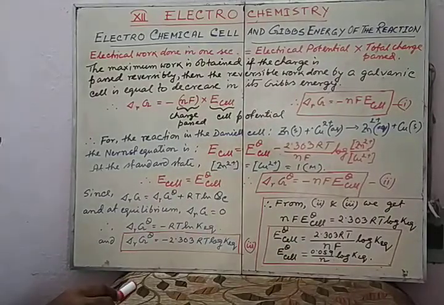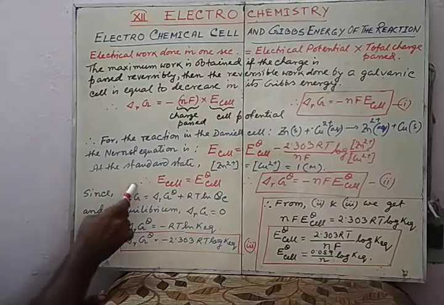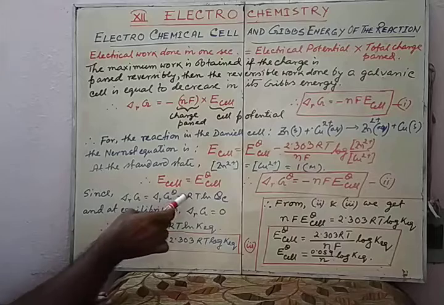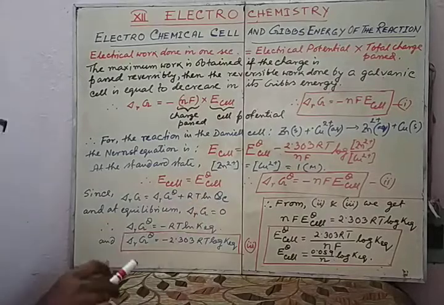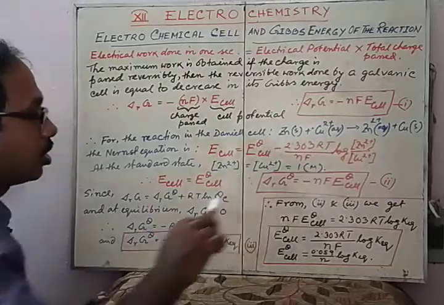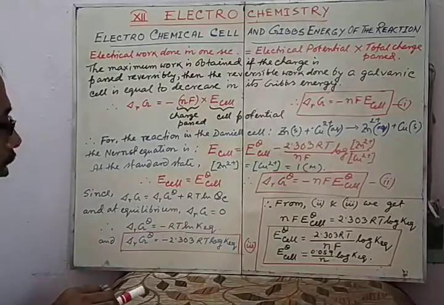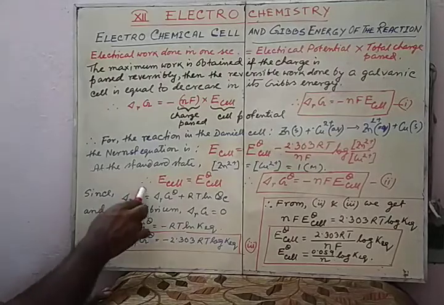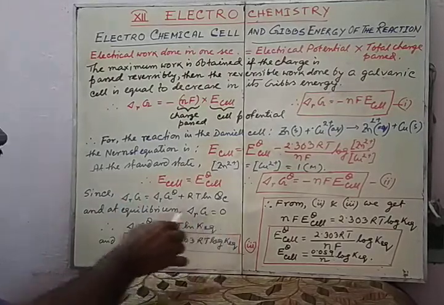Now we know from thermodynamics that the Gibbs energy is equal to the Gibbs energy at the standard state plus RT ln Qc. Qc means reaction quotient. When the reaction is in equilibrium, the Gibbs free energy change becomes 0.